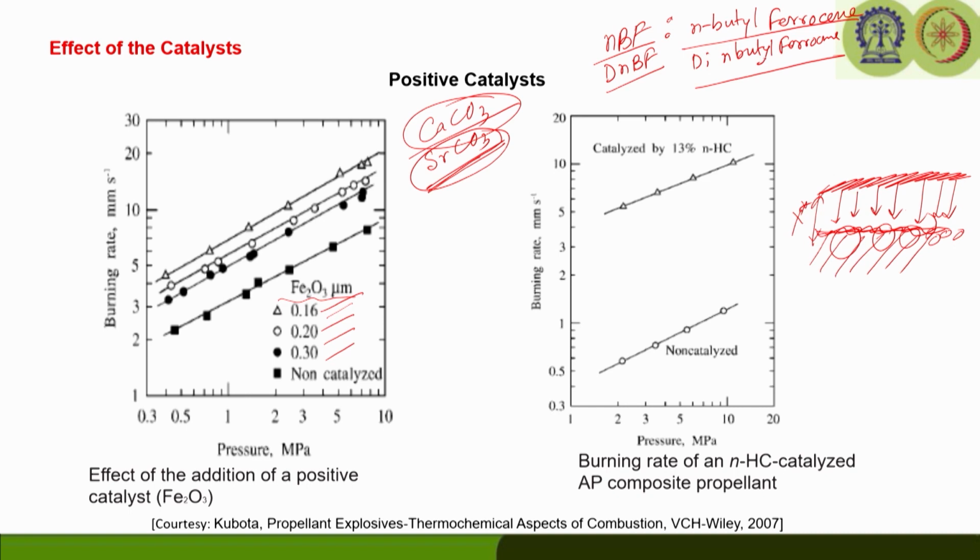Another type of catalyst is carborane, N-hexyl carborane. They are also tried as burn rate modifiers or positive catalysts.